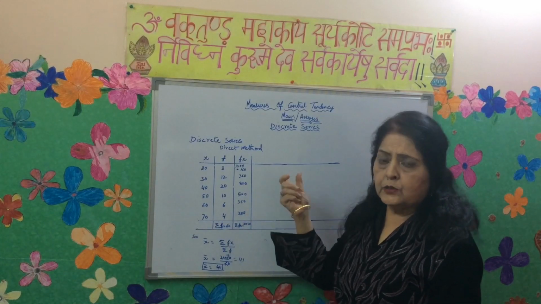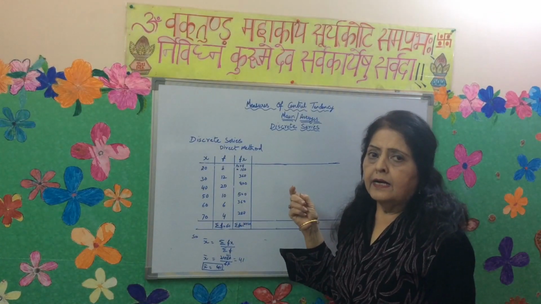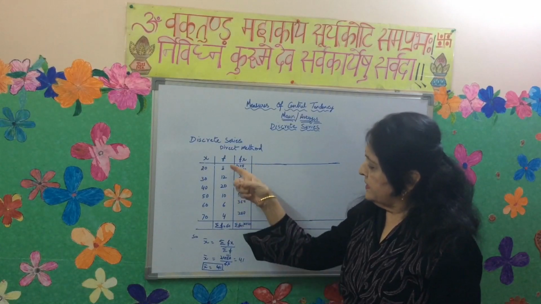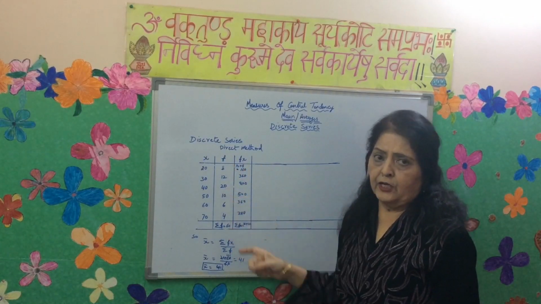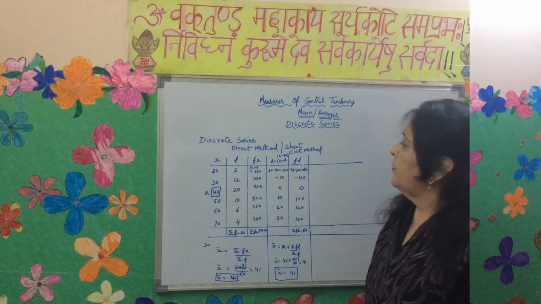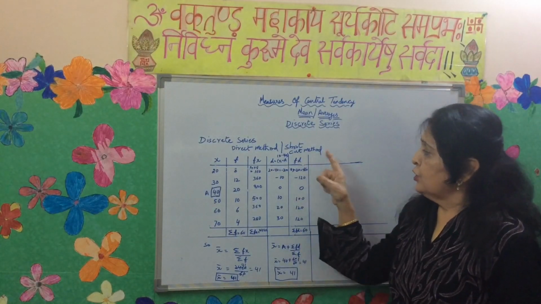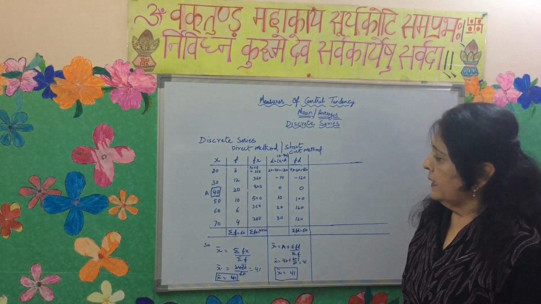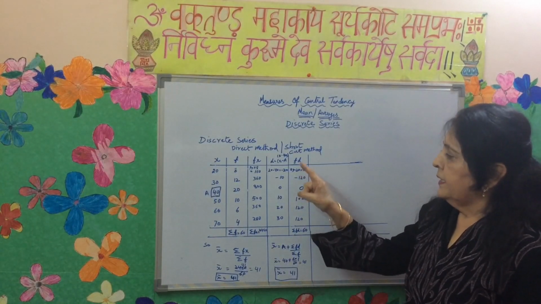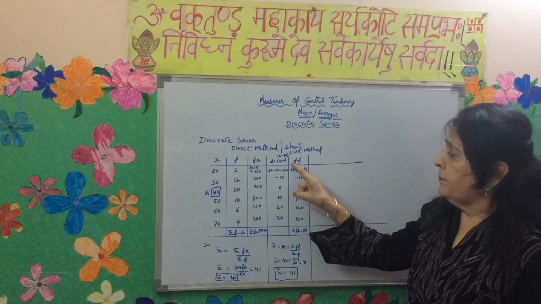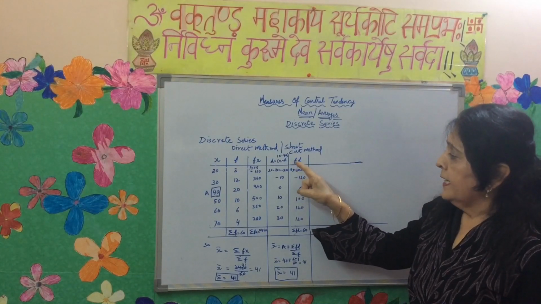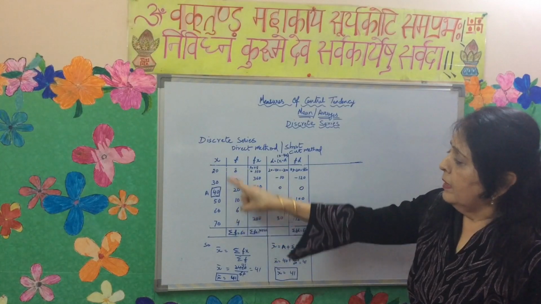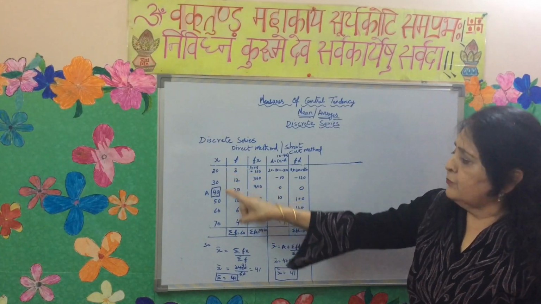Now the next one we will solve by shortcut method, with the same numbers, same values. In the shortcut method, we take out d by x minus a. A is the assumed mean. We can assume any number from the x values.